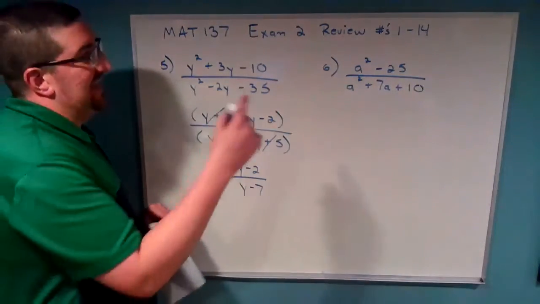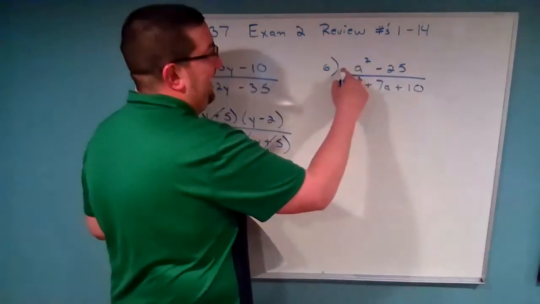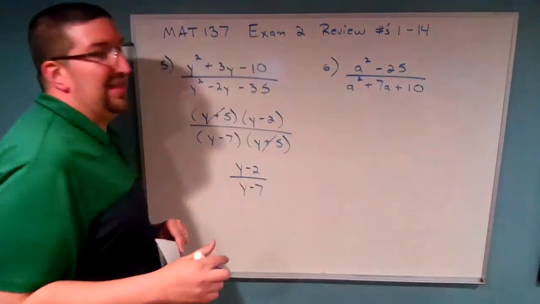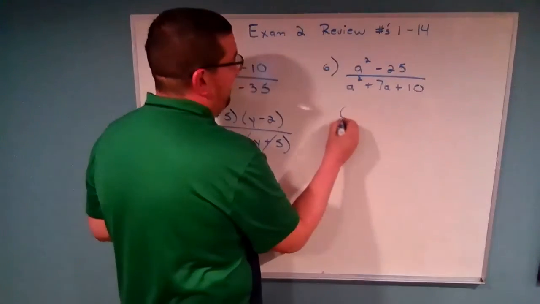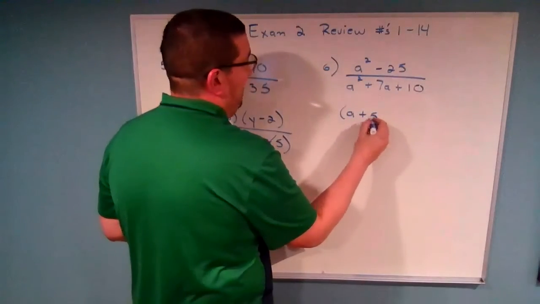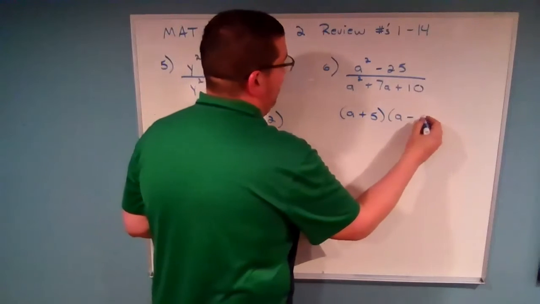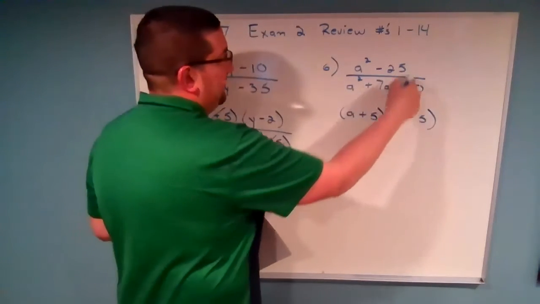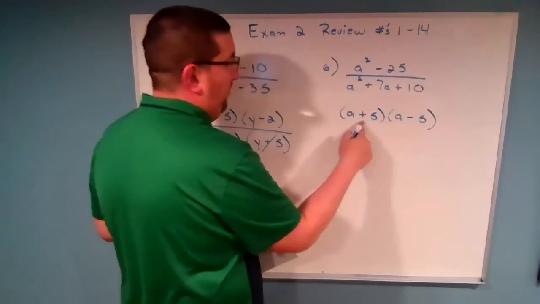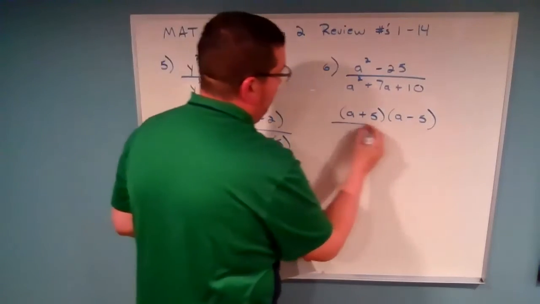Number 6, our numerator, a squared minus 25. That is a difference of two perfect squares. That is going to factor to be a plus 5 times a minus 5. The square root of a squared is a. The square root of 25 is 5. One positive, one negative.